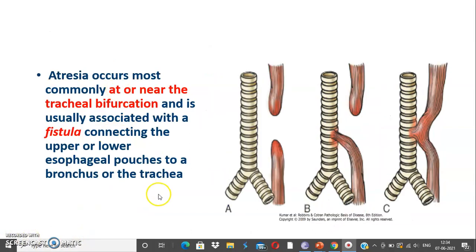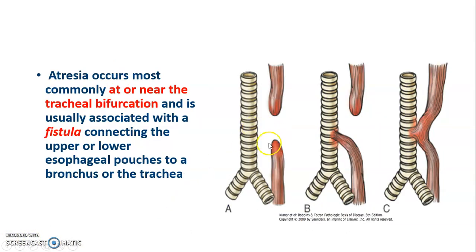The atresia occurs most commonly at or near the tracheal bifurcation and is usually associated with a fistula connecting the upper or lower esophageal pouches to the bronchus or trachea.